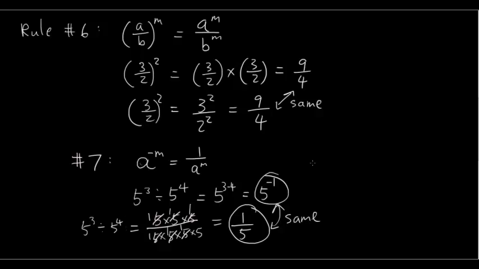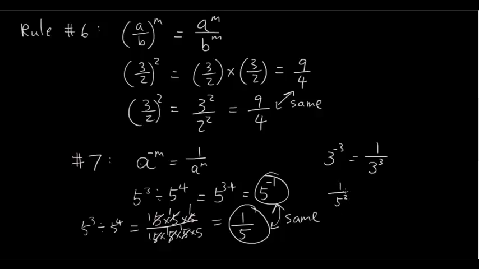And what that basically means is, for example, if I was going to write 3 to the power of -3, I can get rid of the negative sign and put it on the bottom of a fraction. And if I have something on the bottom of a fraction, let's say 1 over 5 to the power of 2.